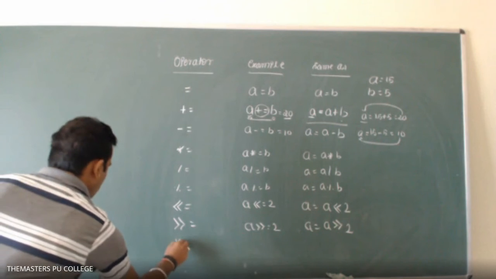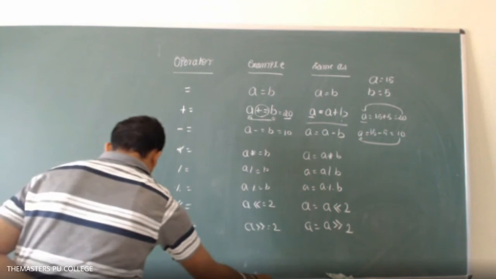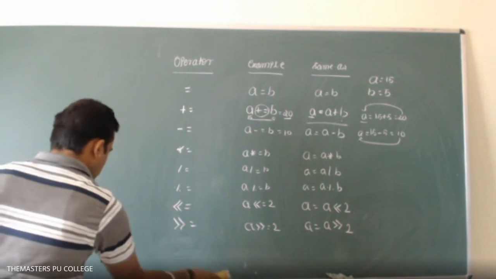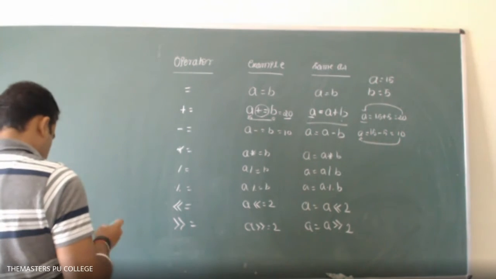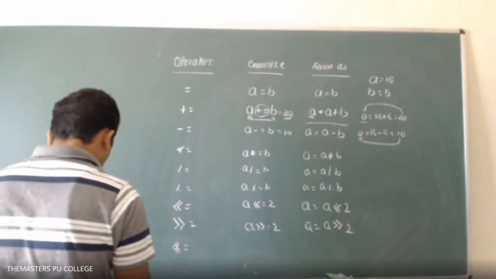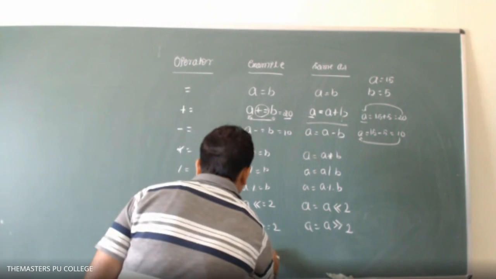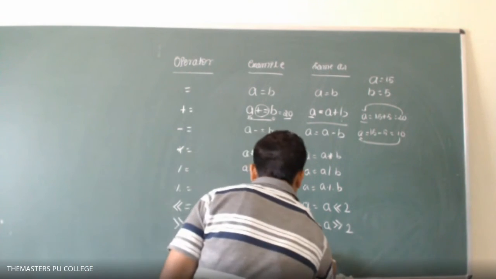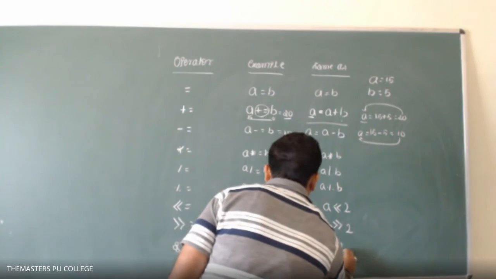Next, and equal: A and equal to 2 means A is equal to A and 2.